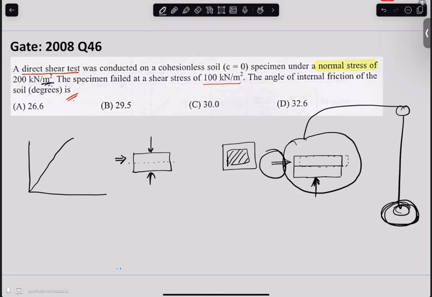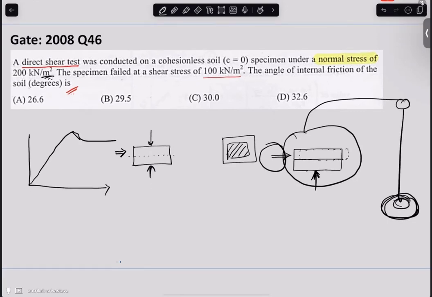You kept on increasing the shear force, and you kept on plotting it, and then you measured the point where the shear starts to decrease. That means that it has attained shear failure. That was a brief summary of the experiment.